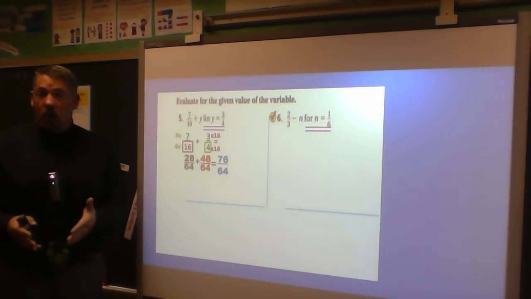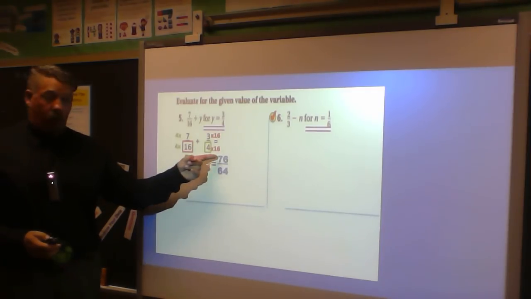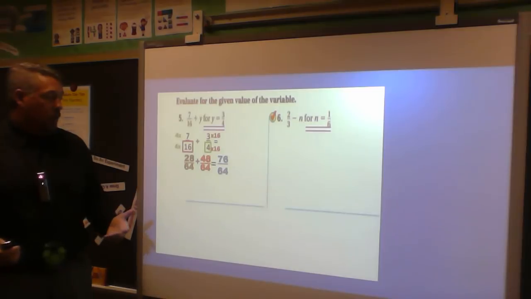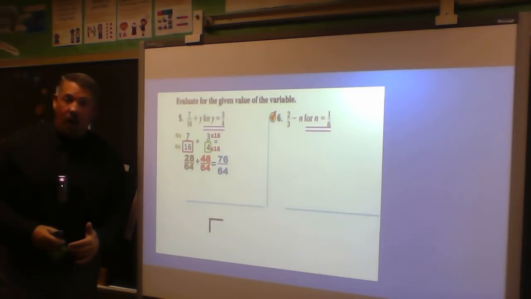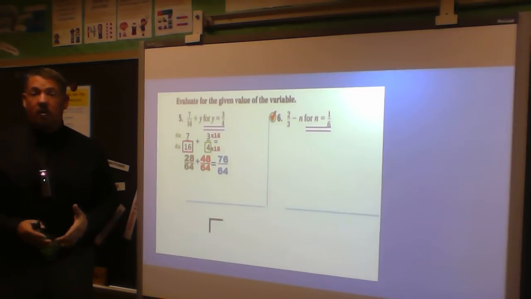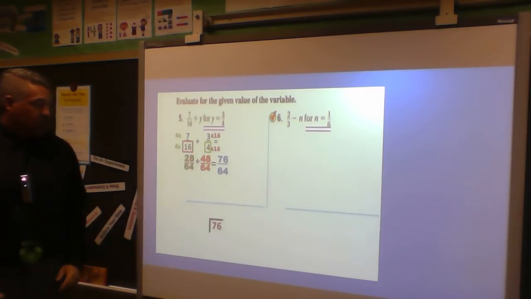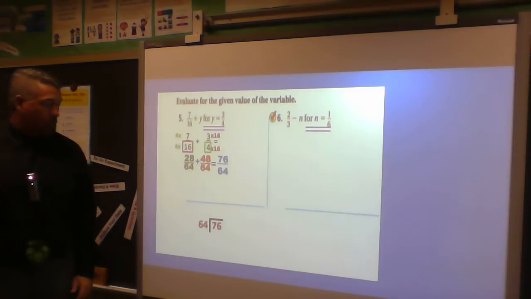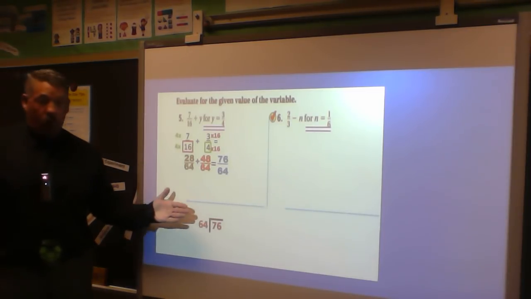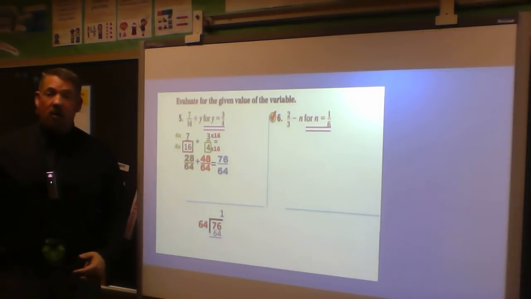Which one always, always, always goes inside the division box? Hopefully you said the top number. That will always go inside the box. It doesn't matter if it's bigger, it matters that it's my top number, which is my dividend. So 76 goes inside. I'm going to divide by 64. 64 does go into 76 one whole time, and then I have a remainder, don't I?